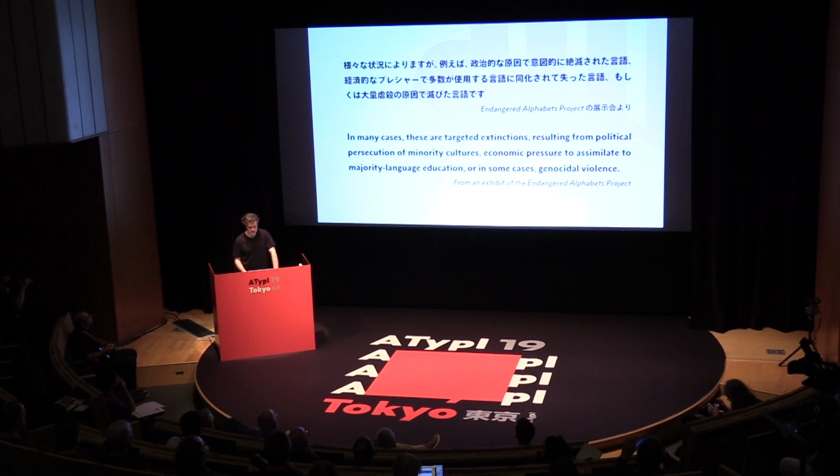In many cases, these are targeted extinctions resulting from political persecution of minority cultures, economic pressure to assimilate to majority language education, or in some cases, genocidal violence. These words, I think, are chosen very well. This really tells us why a language or a writing system or a culture is gone, or there's an agent, there's somebody pushing this aside, somebody who doesn't want this around.